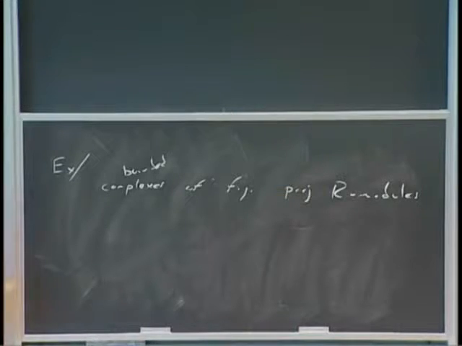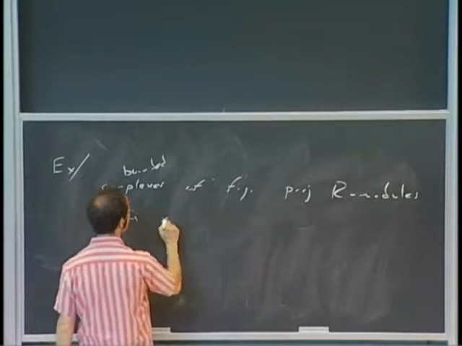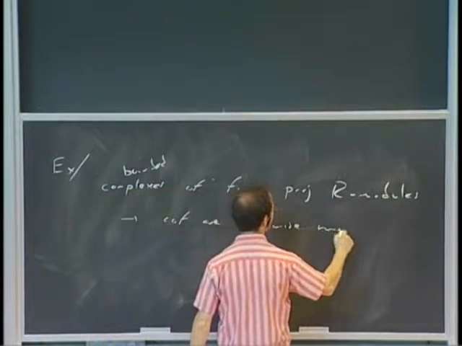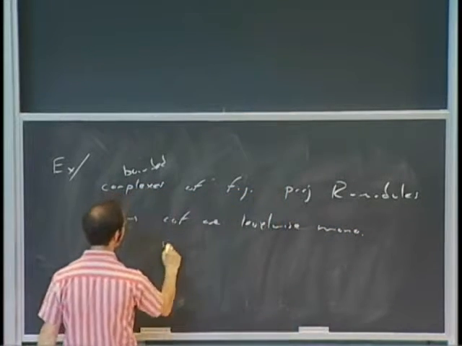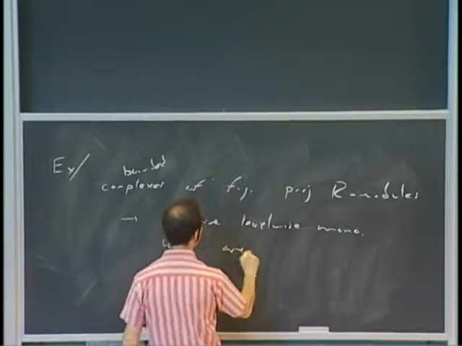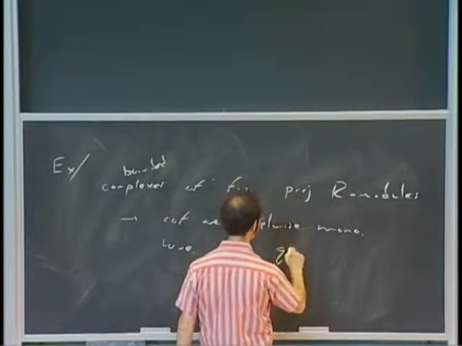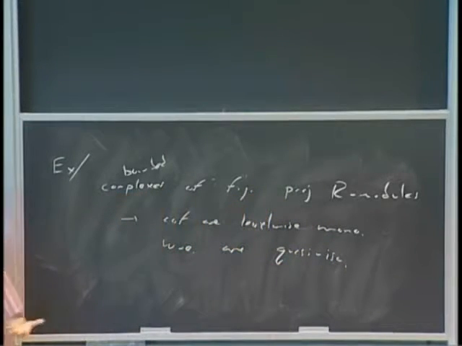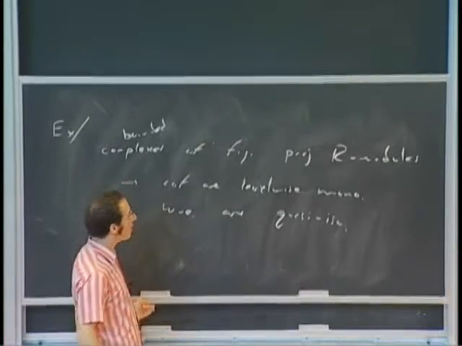We have choices for the cofibrations, but certainly one possibility is that cofibrations are levelwise monomorphisms, and weak equivalences are quasi-isomorphisms. I should say that's the truth. So that's one kind of example.